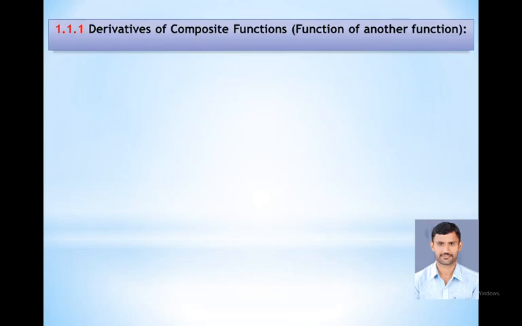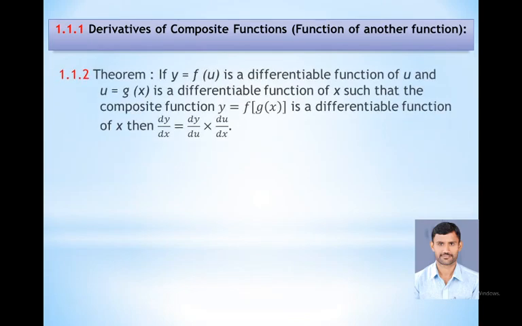Now, next, derivative of composite function theorem. If y is equal to f of u is a differentiable function of u, and u is equal to g of x is a differentiable function of x such that the composite function y is equal to f of g of x is a differentiable function of x, then dy by dx is equal to dy upon du into du upon dx.